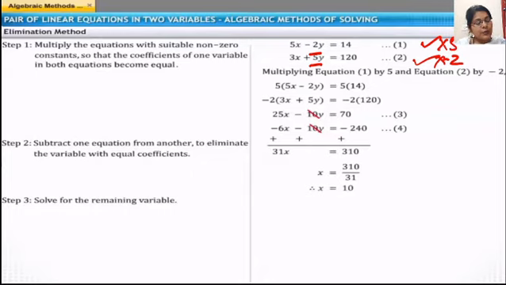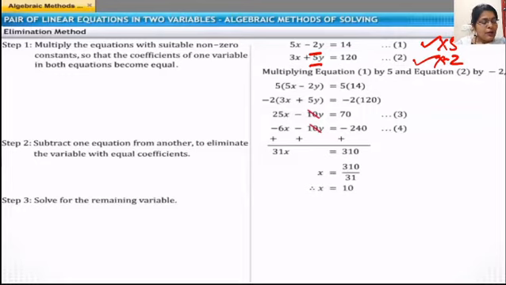So just we will multiply, and what do we get? We get here 25x minus 10y is equal to 5 into 14 is 70. And here what do we get? Minus 6x minus 10y, and here minus 240. And on solving equations 3 and 4, what do we get?